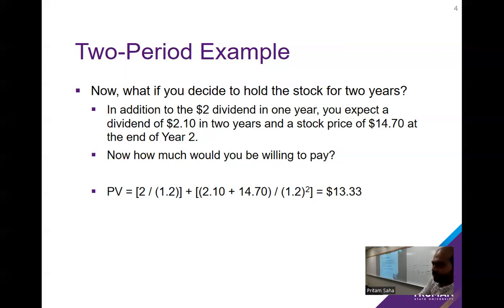Cash flow 0, 0. CO1 is 2, frequency 1. CO2 is 16.8, frequency 1. Then compute NPV for I equals 20. Or else, use this formula, you can get the same thing. Question so far?